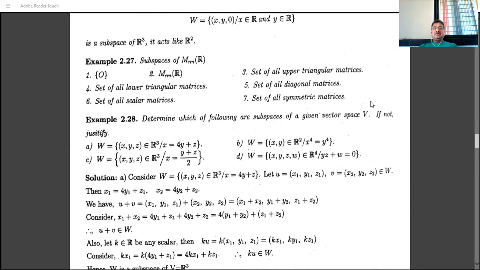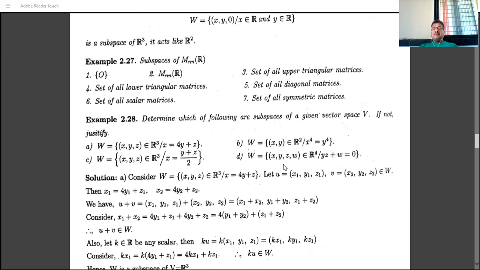So solve all these examples, which determine which of the following are subspaces of a given vector space V, and if not, just define. So this is a subset of R3 such that x is equal to 4y plus z, x raised to 4 is equal to y raised to 4. So these are subsets of R3.